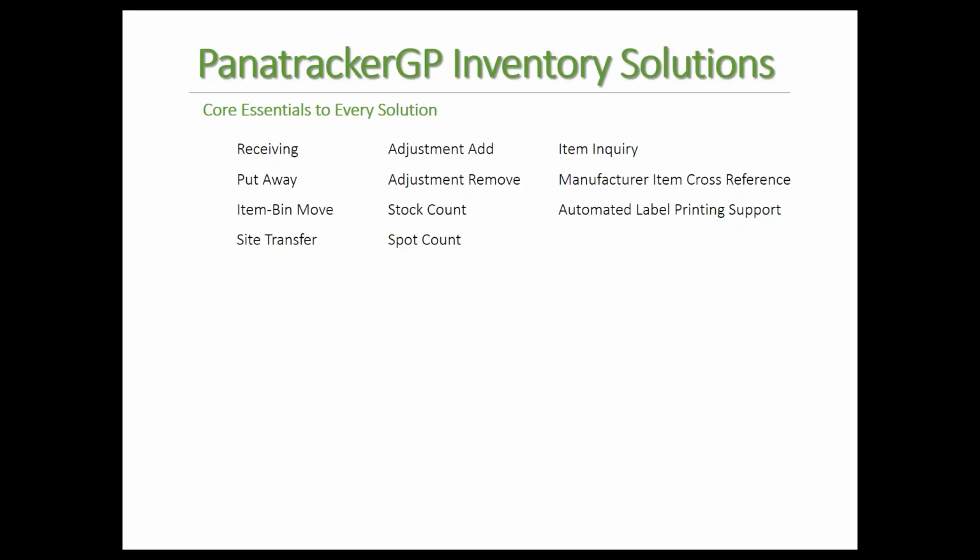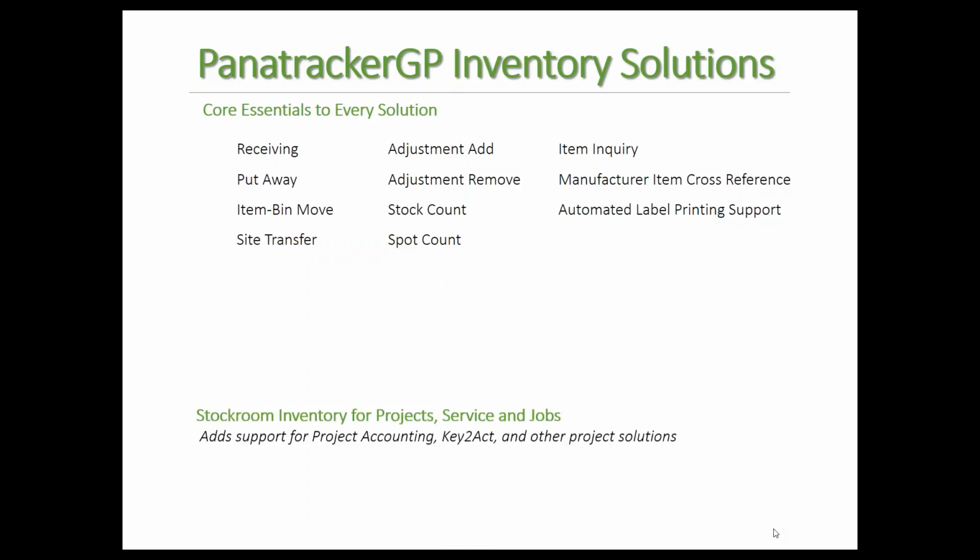We have that so you can set those at receiving, and we also have a tool you can use, as well as automated label printing support. That's the core for any of our solutions, what we call our essentials, and you can purchase just this group of inventory transactions to get started.